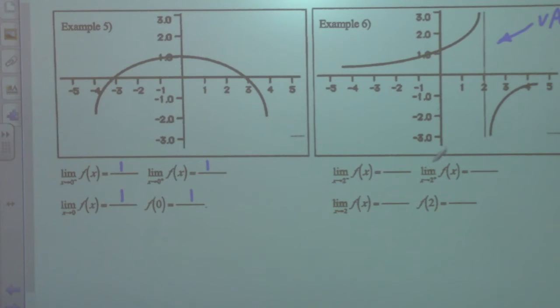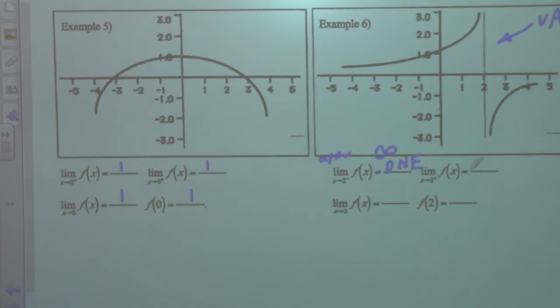So what is the limit as x approaches 2 from the left side? It does not exist, and it does not exist in a particular way: the function approaches infinity. There are different ways a limit can fail to exist.